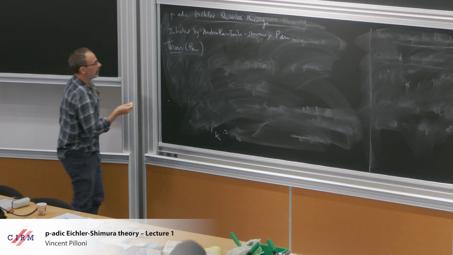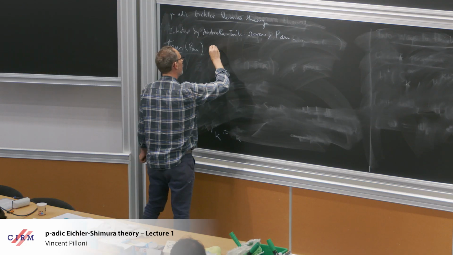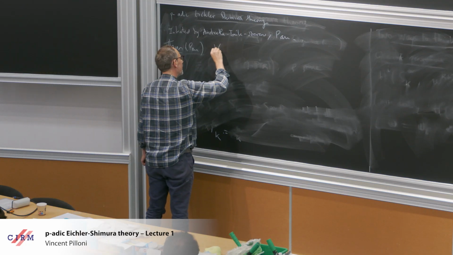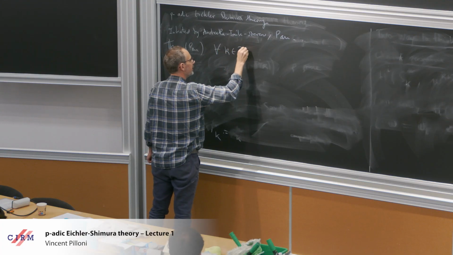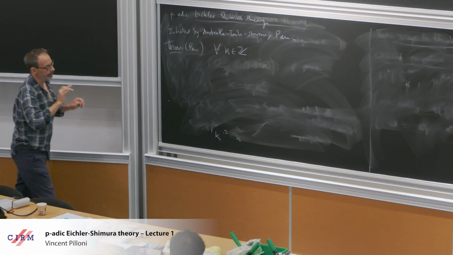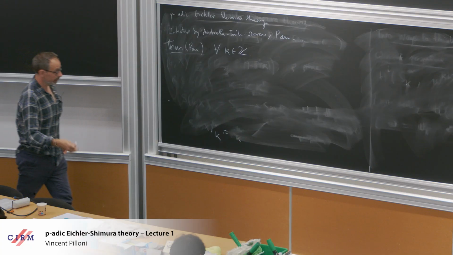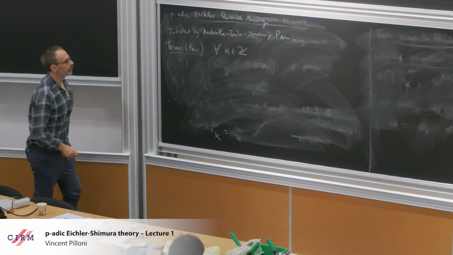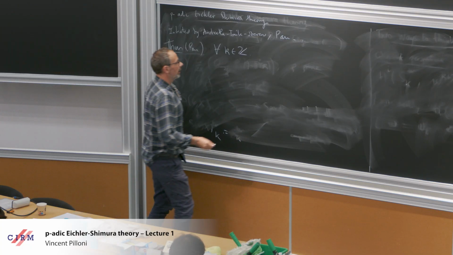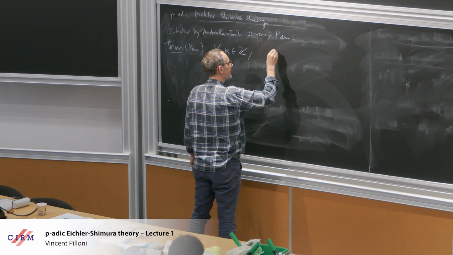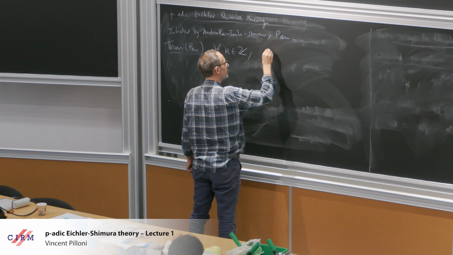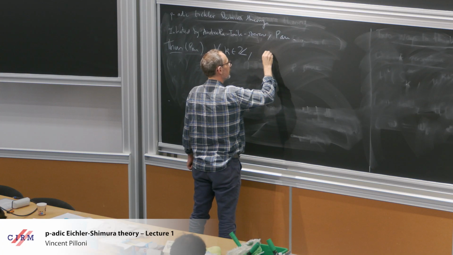All right. So first of all, let me just state the theorem for integers, but there's actually a theorem that goes beyond integers. So for any k in Z, there exists a sequence, so we have a complex.